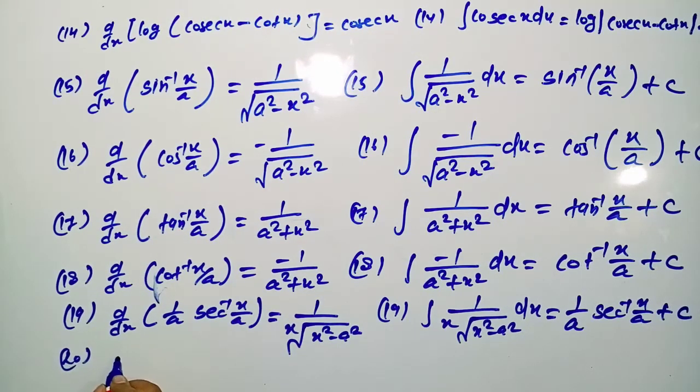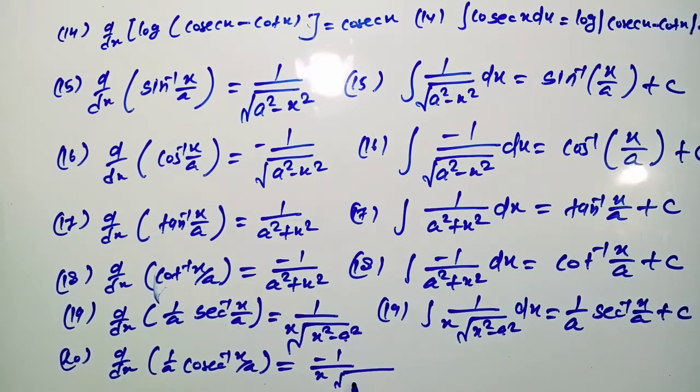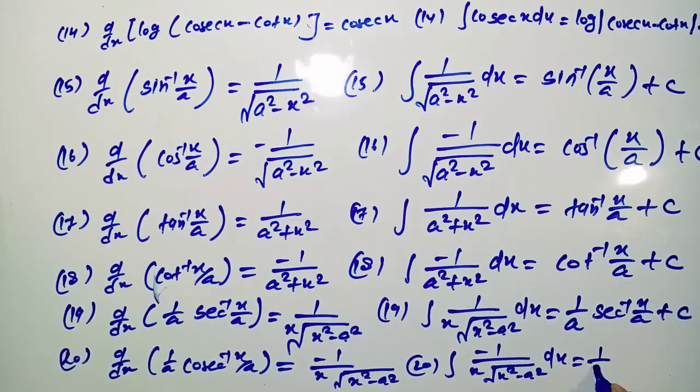Finally, number 20, differentiation of 1 upon a cosec inverse x upon a is equal to minus 1 upon x square root of x square minus a square, and its integration of minus 1 upon x square root of x square minus a square dx is equal to 1 upon a cosec inverse x upon a plus c.